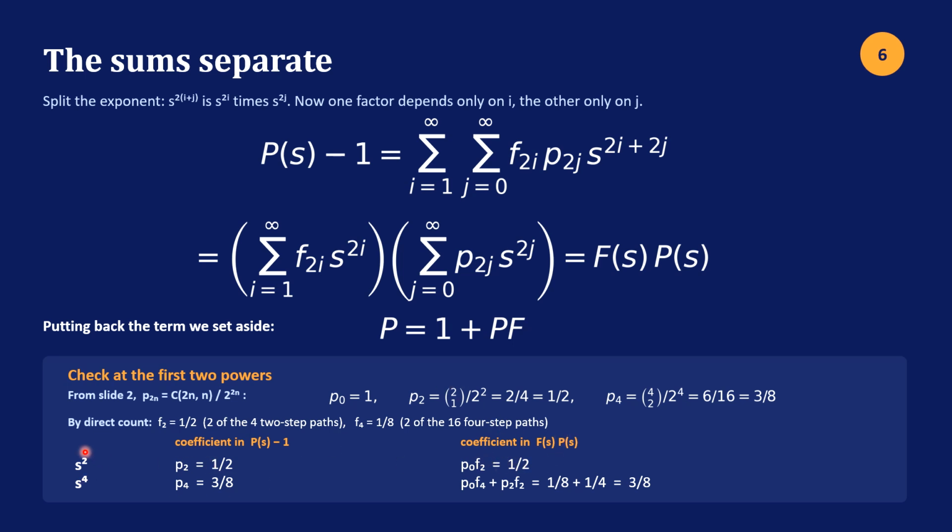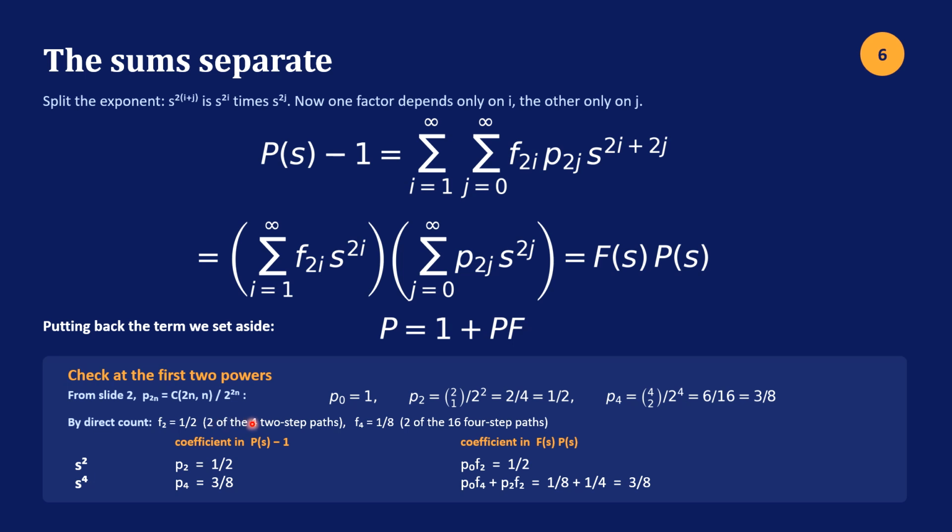And the coefficient of s to the 2 power is p sub 0 times f sub 2. And then the coefficient of s to the 4th power is p sub 0 f sub 4 plus p sub 2 times f sub 2. We already know p sub 0, and we computed p sub 2. f sub 2 and f sub 4 we can compute directly. f sub 2 is the first return. There's only 4 ways of taking 2 steps.